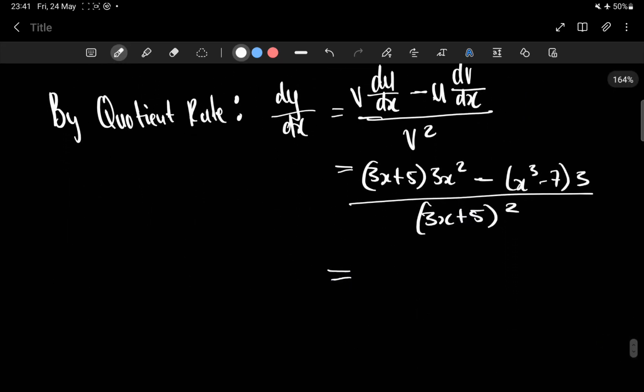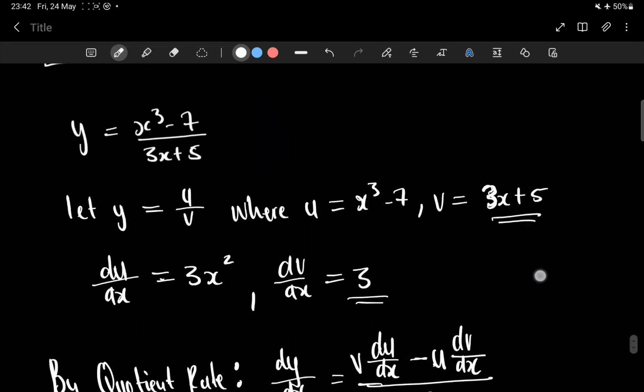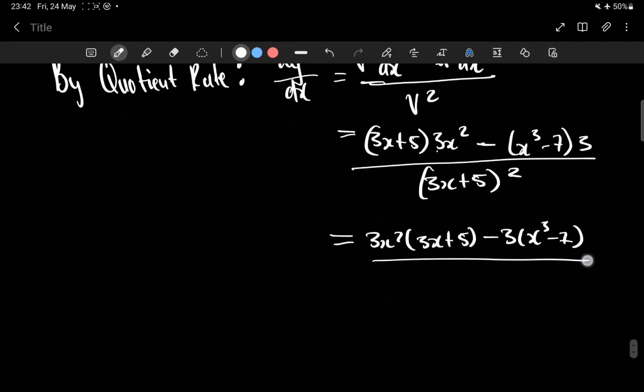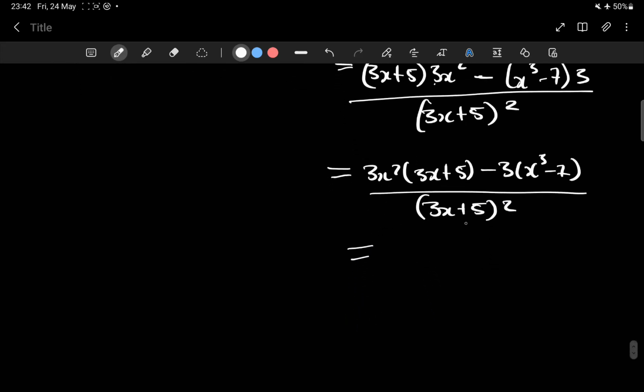So this becomes 3x squared multiplying 3x plus 5, minus 3 multiplying x cubed minus 7, all over 3x plus 5 all squared. Now we expand the top, but not the bottom.